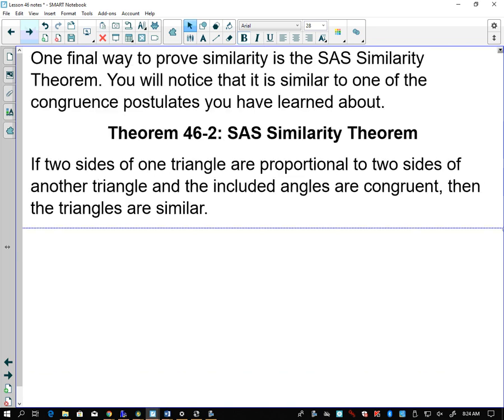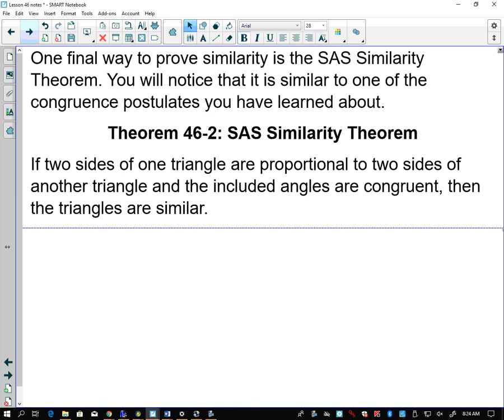All right, then we've got one more, which is side angle side, which we use for congruence. Here we can use it, but notice that, again, the side portion that we're looking at is not congruent, but proportional. So one final way to prove similarity is the side angle side similarity theorem.